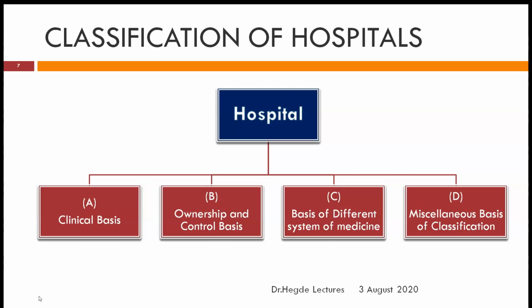So mainly we are targeting these four classifications. Now let us understand one by one the different types of classification of hospitals.